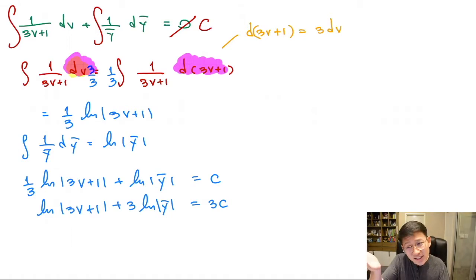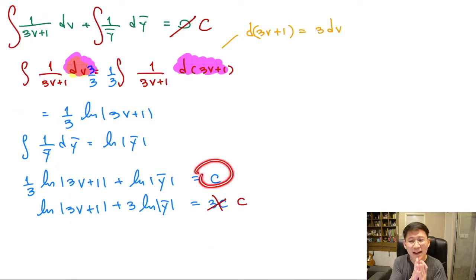Why? Because c is a constant. 3c is also a constant, so I don't really care. I'll write c. The same c, right? But keep in mind that this c and this c are not actually the same. But as they are constants, for simplicity and convenience, we just keep writing c.